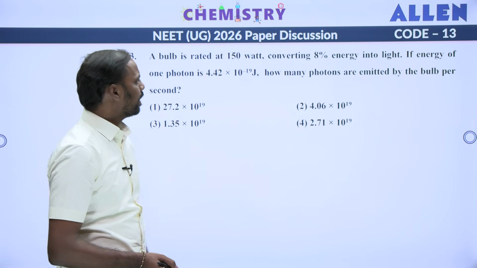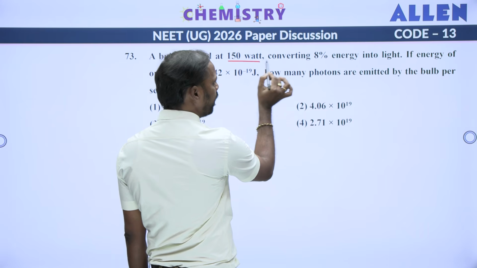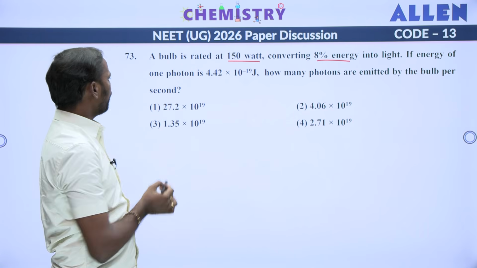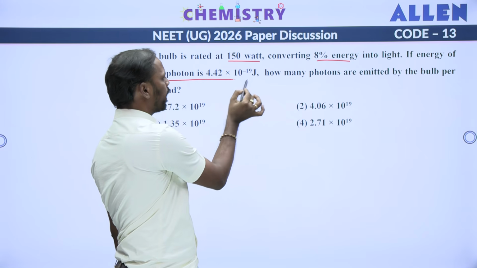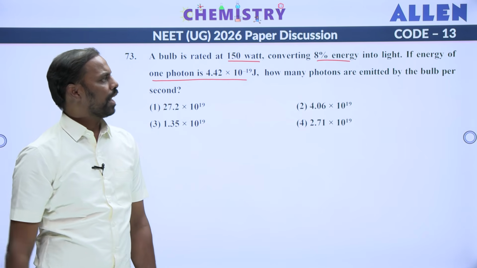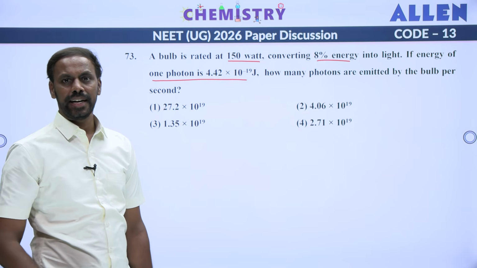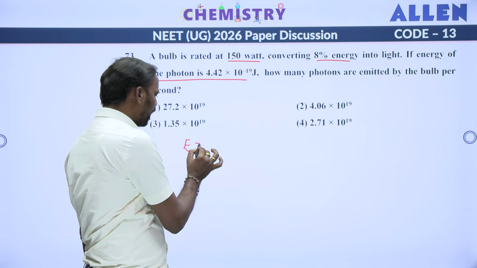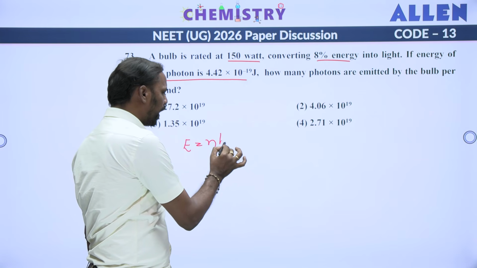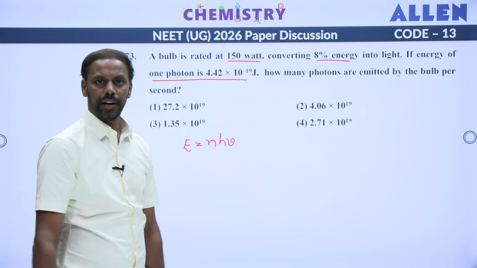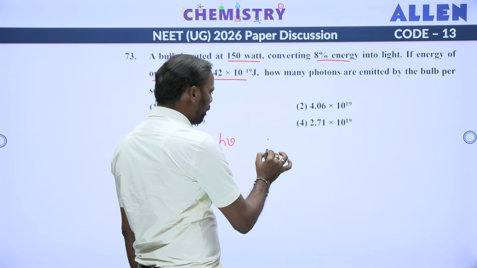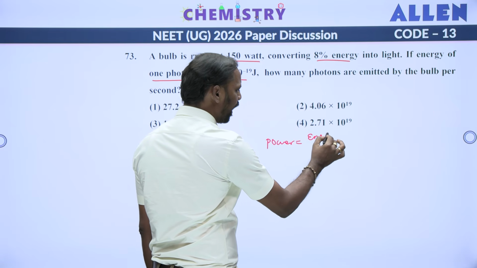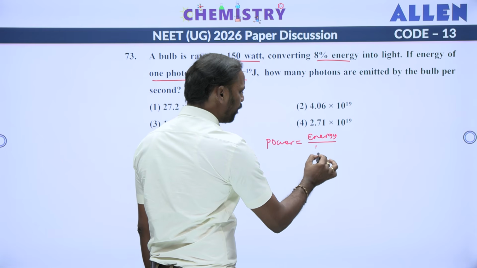A bulb is rated 150 watt, converting 8% of energy into light. If the energy of 1 photon is given, how many photons are emitted by the bulb per second, they are asking. See, student, as we know, energy is equal to N into h nu, correct? As we also know that power is equal to energy divided by which one, student?